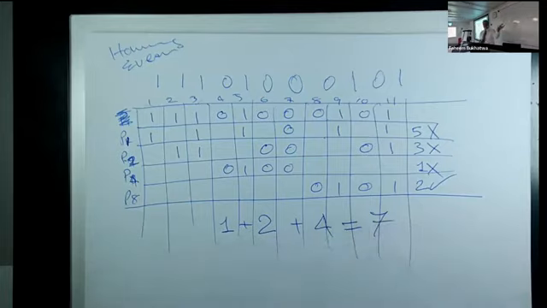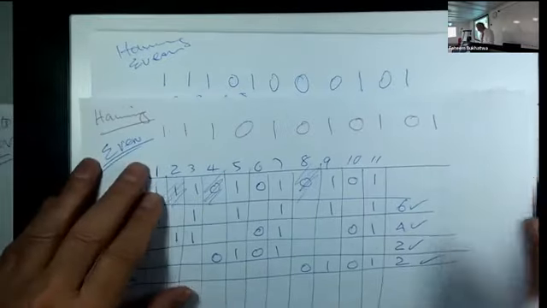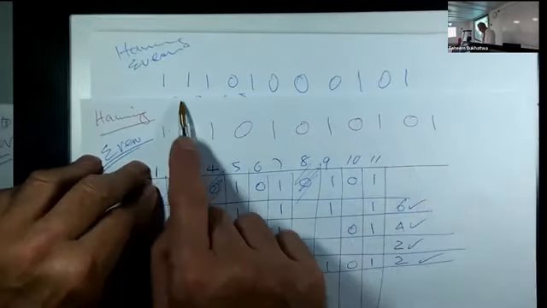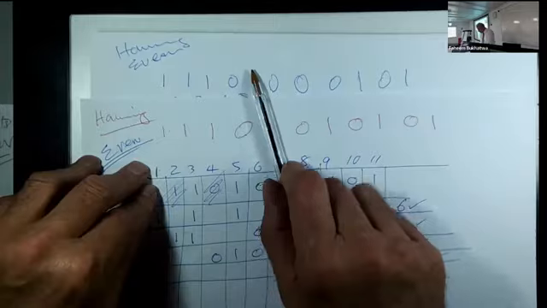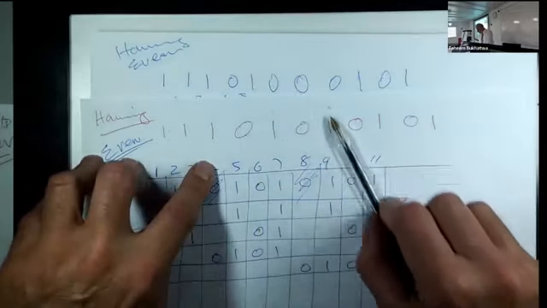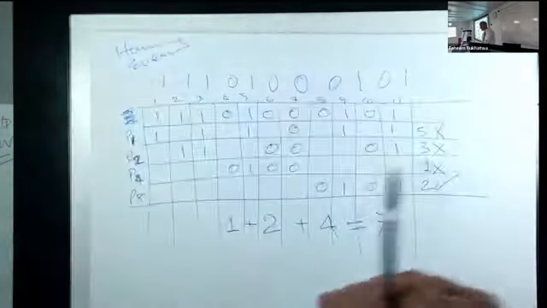That's why they use the binary system. This is the bit I changed without telling you. If you check the original frame, that's 1, 1, 1, 0, 1, 0, and that should be a 1, but that's the one I flipped.